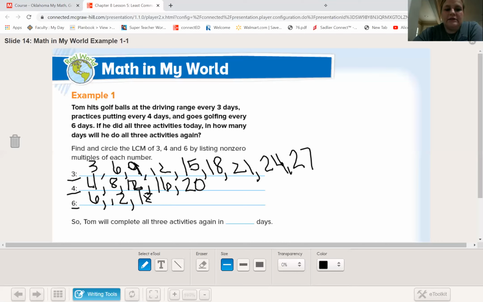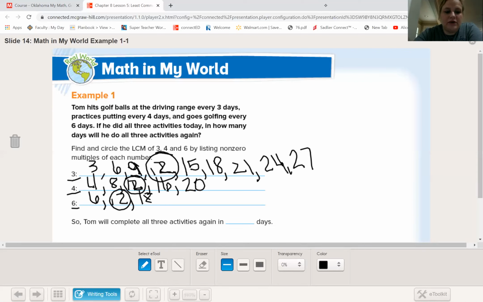Some people ask, how do I know how far to go? Well, I've stopped here because I've already noticed that these 3 numbers share something. What they share is a 12 here, 12, and 12. They all have a 12.